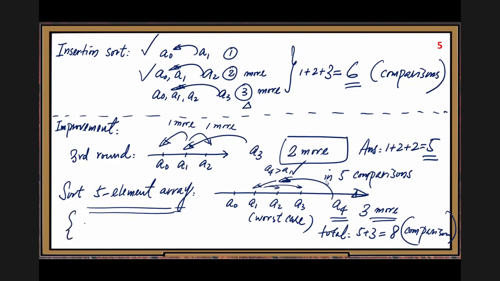So then let's repeat. Finding the median of 5, the 2 questions I gave you before. Solving this one, finding the median of 5, the best answer is 6 comparisons. Okay?